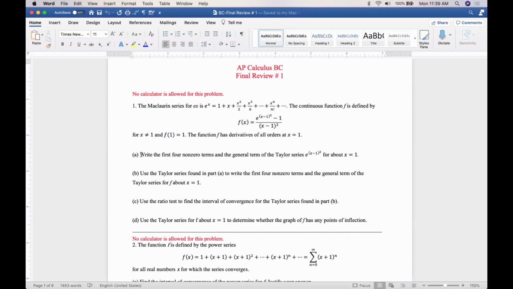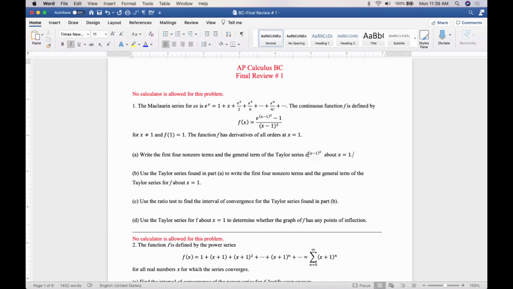Part A. Write the first 4 non-zero terms and the general term of the Taylor series for e to the (x minus 1) all squared, about x equals 1.